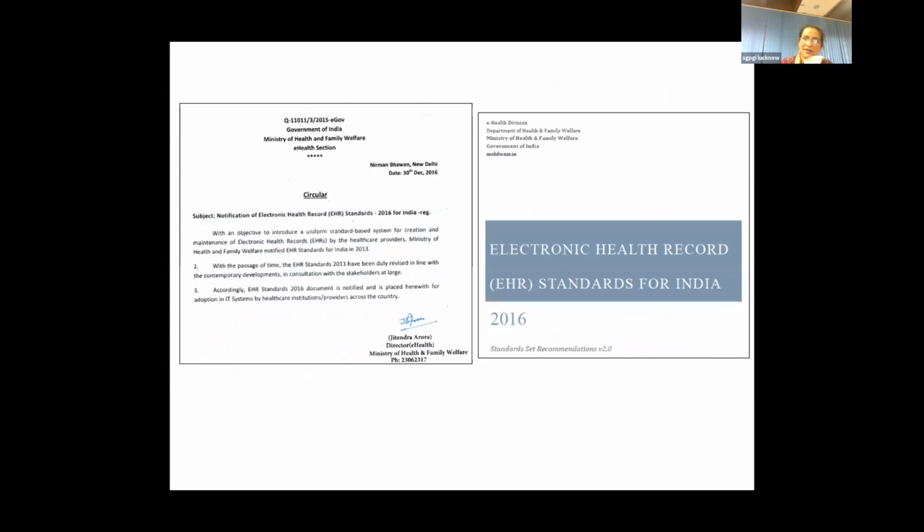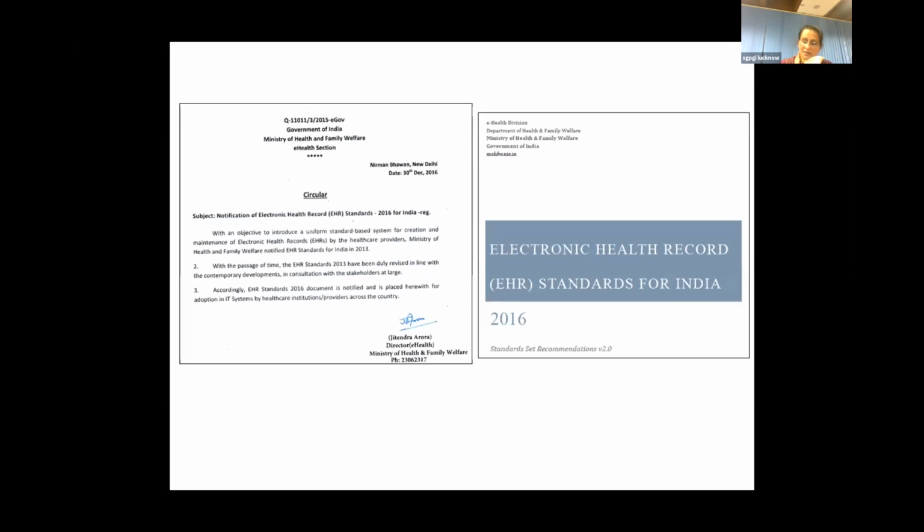And our government has been doing that, and many of us do not know. Some of you are quite aware that they have already come out with guidelines for electronic health records, and those were published. In fact, the second version was published in 2016.